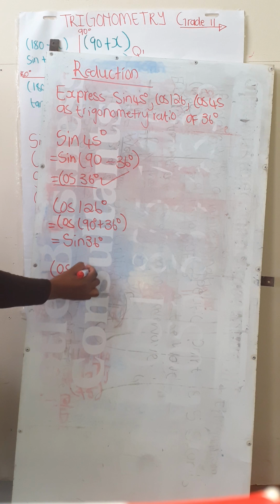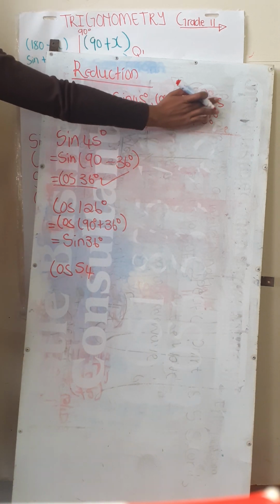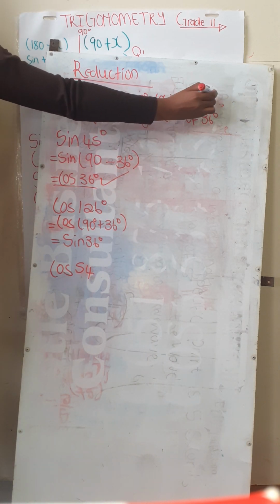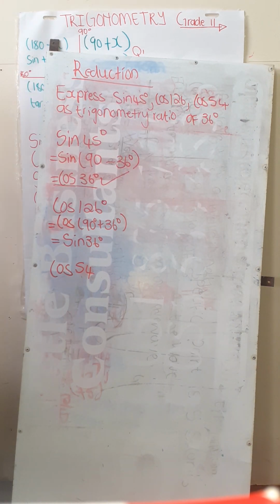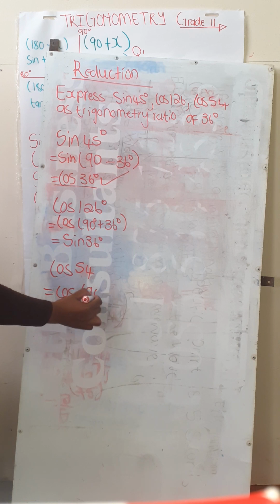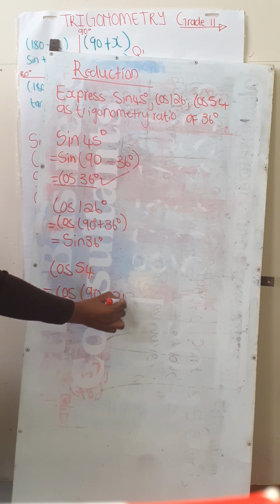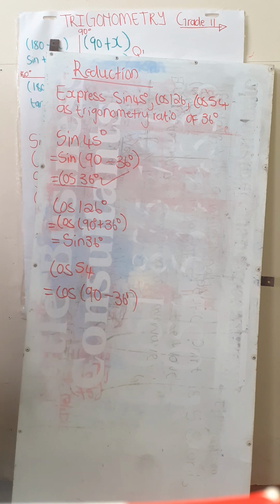It's 54, and here as well is 54. Yes, that's cos 54. So when we say 90 minus 54, you get 36. So that will be cos 90 minus 36 degrees, right?